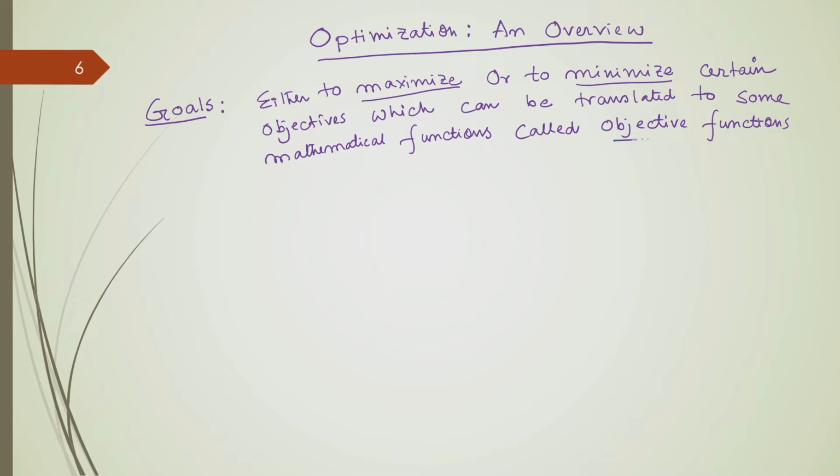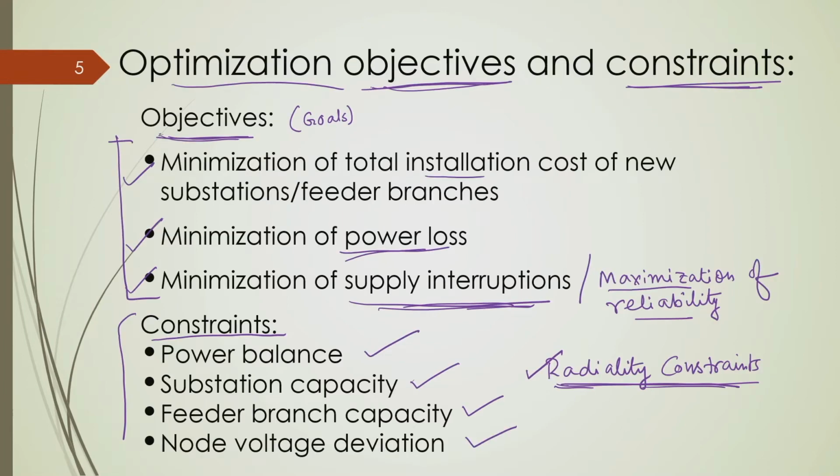Okay. So, this should be clear to you, and in fact, in my last slide I said that these are typical objectives for a power distribution network planner. One is to minimize the total cost, another to minimize the power loss, and another to minimize the interruptions or maximize the reliability. So, these are different objectives.